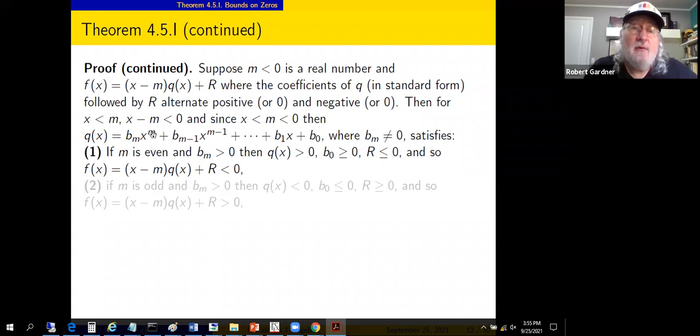That negative sign will be absorbed, and this x to the m, when x is negative and m is even, will be positive. b sub m is positive. This term will be positive.